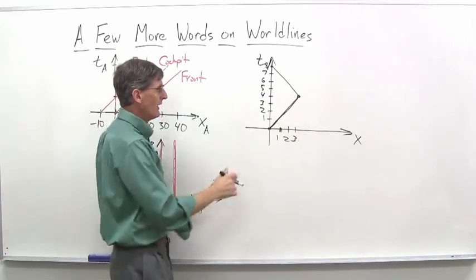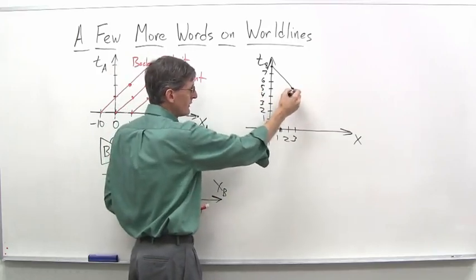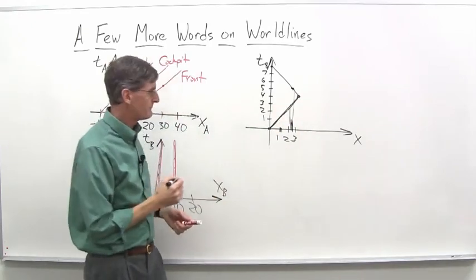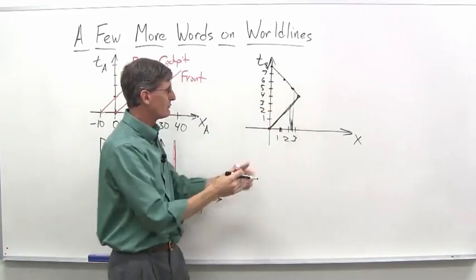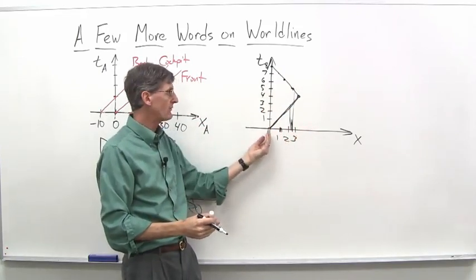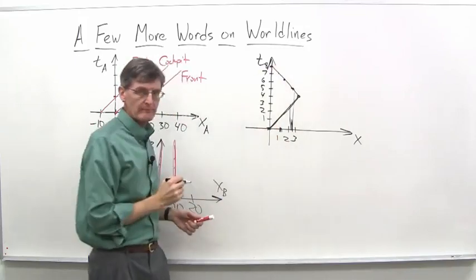And now, at time t equals 5, it's back someplace in here. Sorry, my diagram's a bit messed up there. Then at t equals 6, it's here. At t equals 7, it's here. It's moving back in this direction, moving to the left on the x-axis. And at t equals 8, where is it? It's back where it started from.